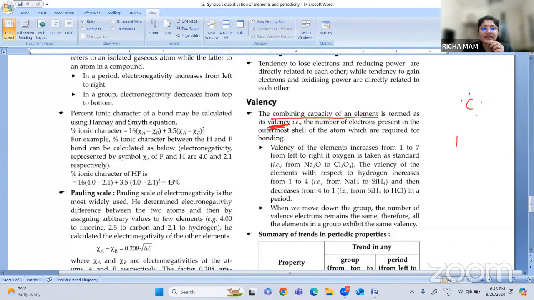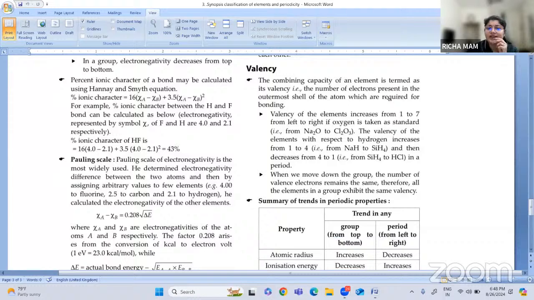This valency depends upon the number of electrons which are present. So the valency of the elements increases from 1 to 4 and then decreases across the period. When we go down the group, the valency will remain the same.